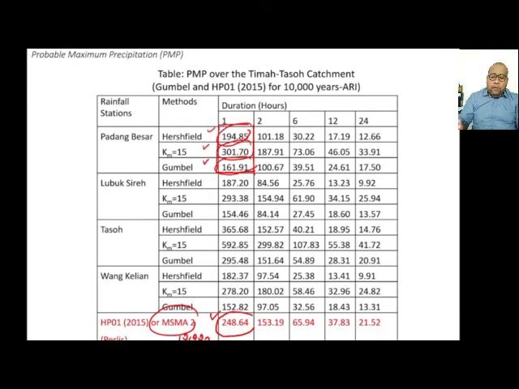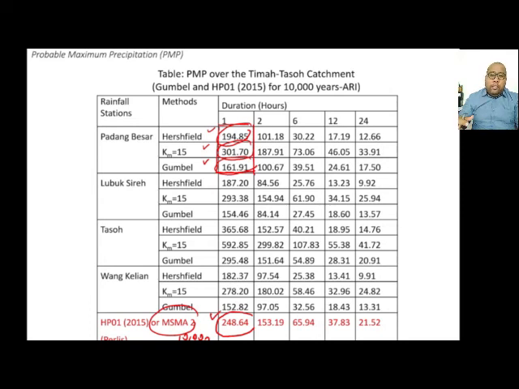Because if you design for, for example, 301.7 millimeter per hour, your facilities, your spillway, will probably need to be very large, which increases the cost. And then probably the volume of your reservoir also needs to be increased.